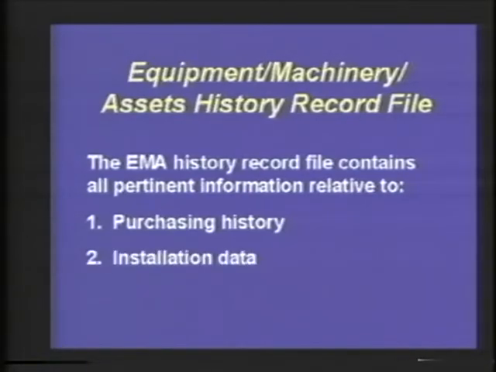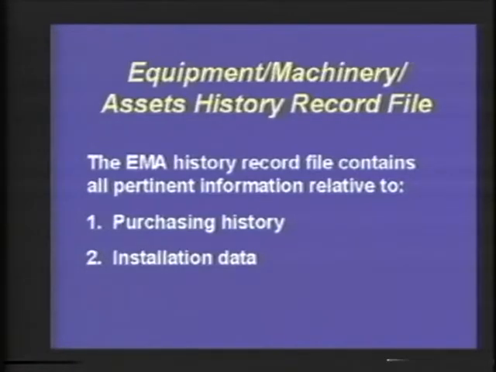Second would be installation data. Maybe you had to have some assistance from a contractor because of the nature of the equipment, and basically the maintenance organization didn't have either all of the skills or the tooling or the equipment to install an asset.